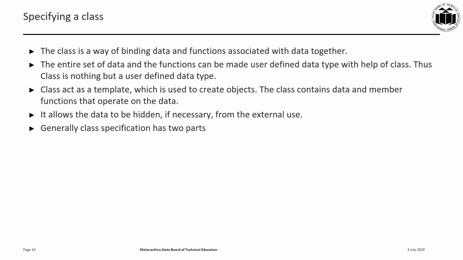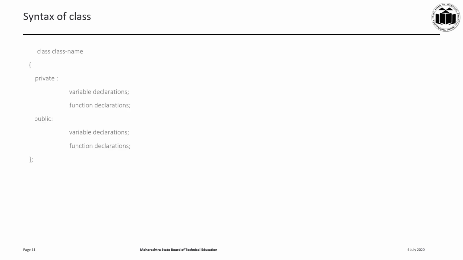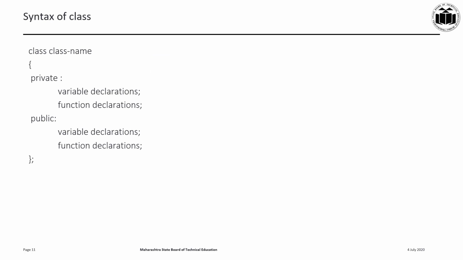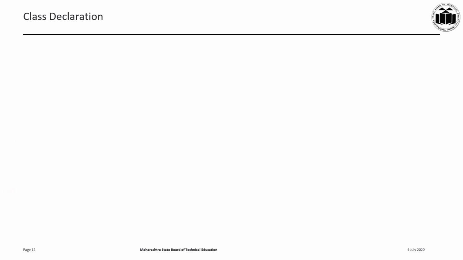Generally a class specification has two parts, class declaration and class definition. Now we will see the syntax of class. The class syntax is class name, then access specifiers private and public, then private variable declaration and function declaration. In public also we have variable declaration and function declaration.